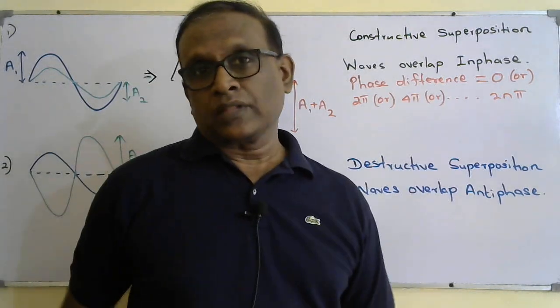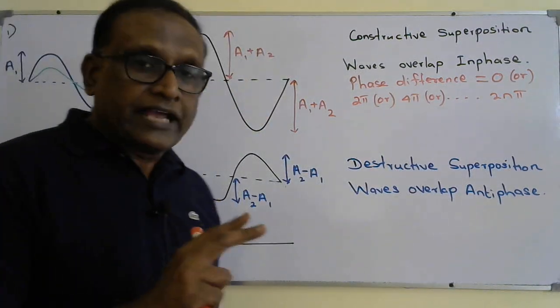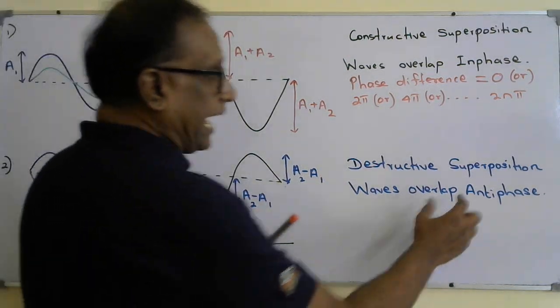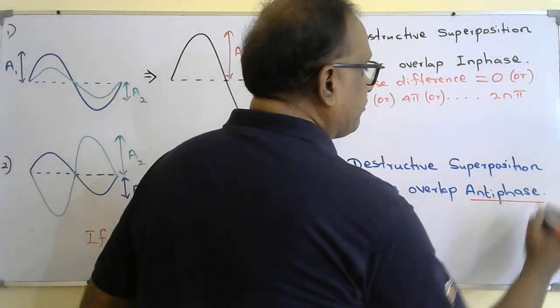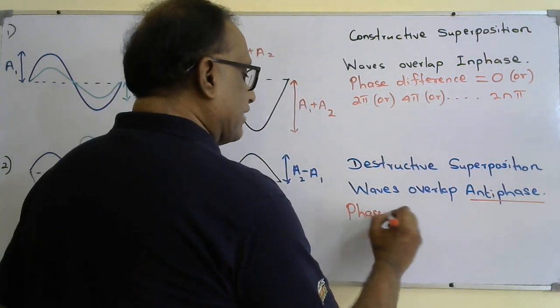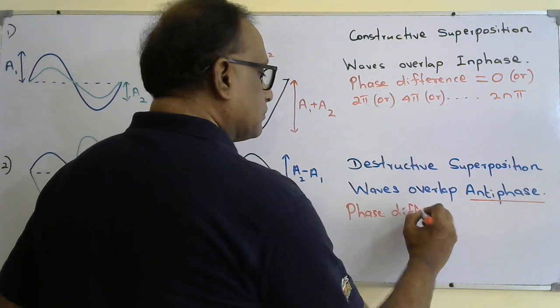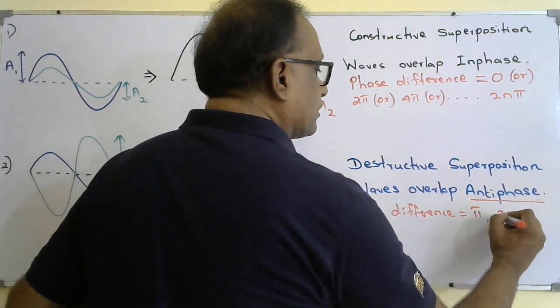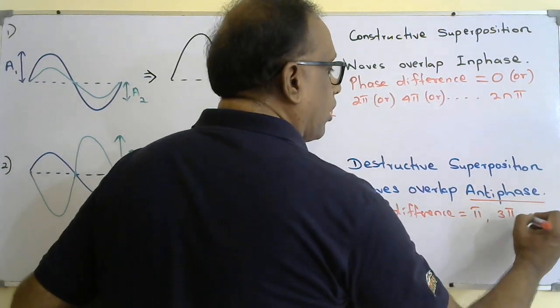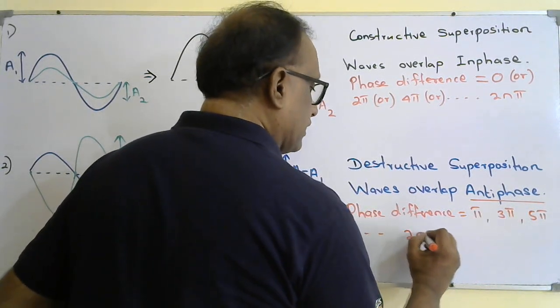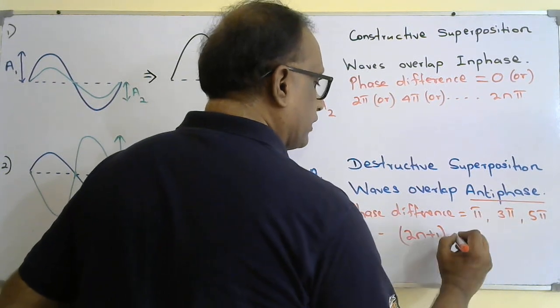Same way, if the two waves are overlapping at a point antiphase, not out of phase, antiphase, then the phase difference between the two waves could be either pi or 3 pi or 5 pi, or you can say (2n plus 1) pi.